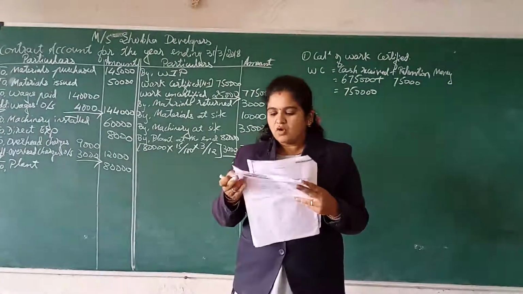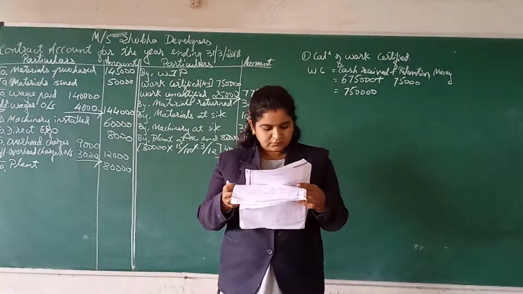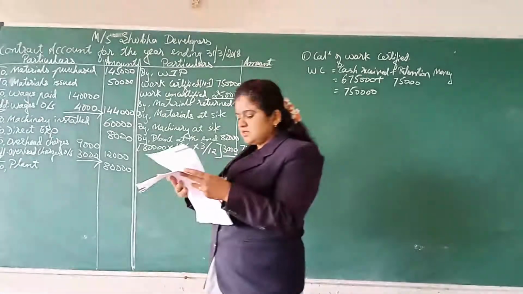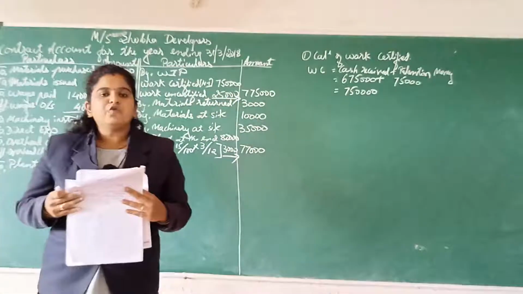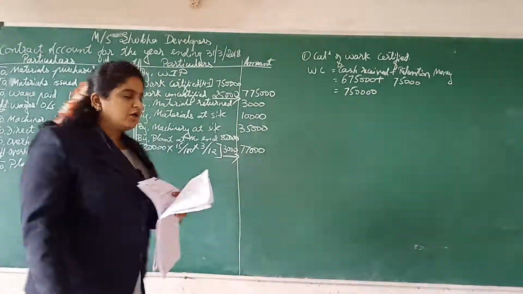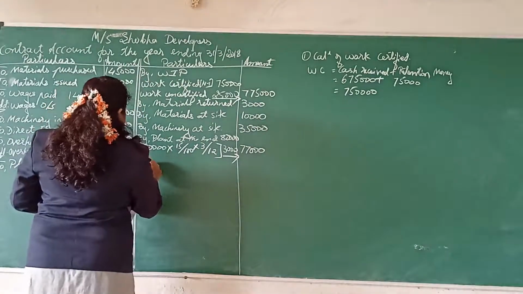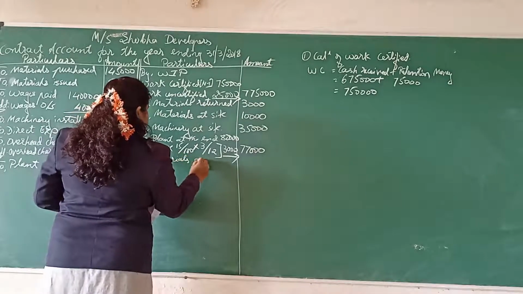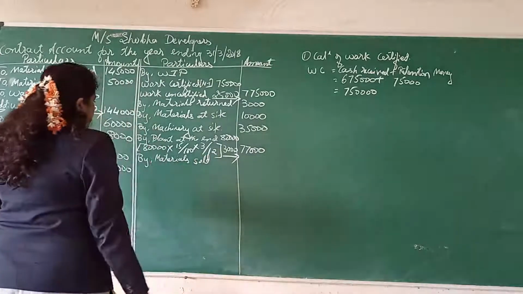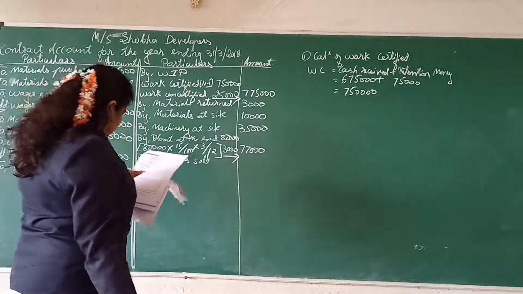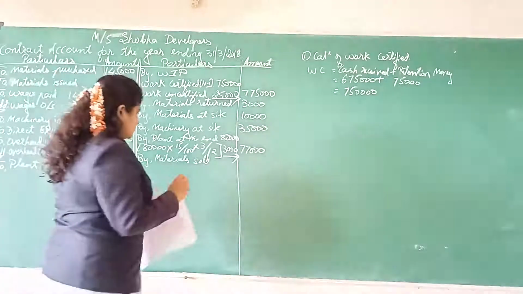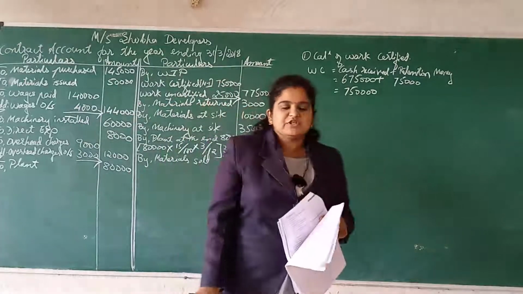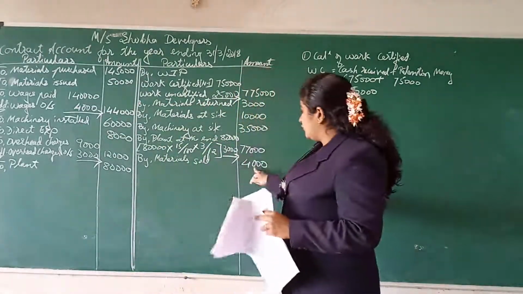Now next, what they have given? Materials costing rupees 6,000 was sold for rupees 4,000. So they have sold it for rupees 4,000. That entry will be first by materials sold, which is sold for rupees 4,000.